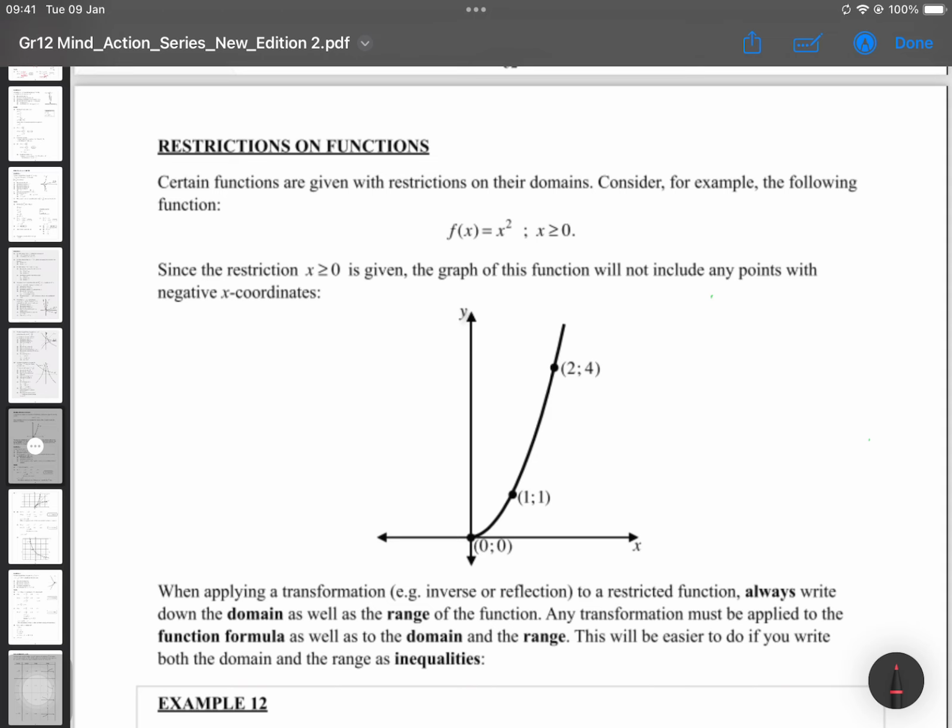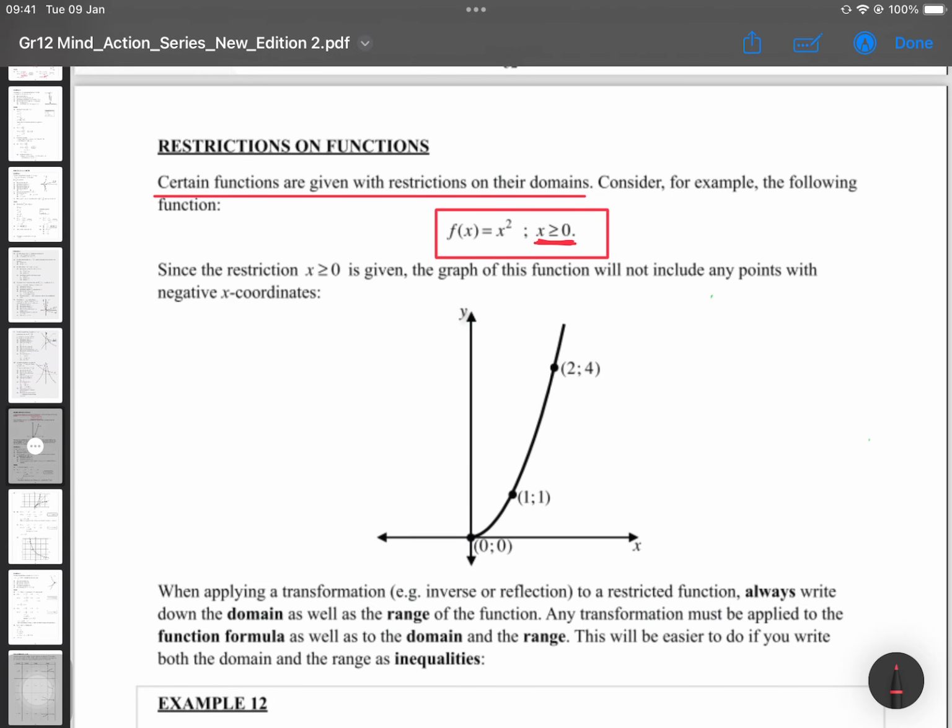Restrictions on functions. Certain functions are given with restrictions on the domain. Consider, for example, the following function: f of x equals x squared, with a restriction next to it.